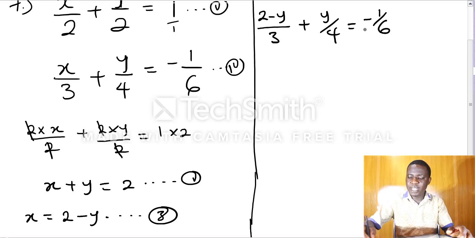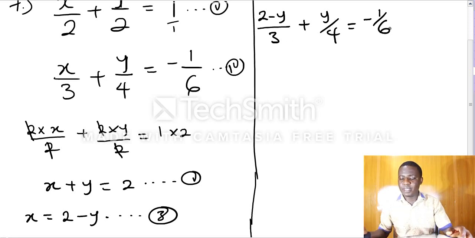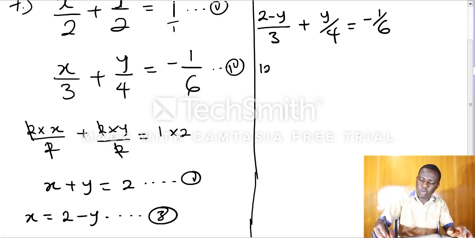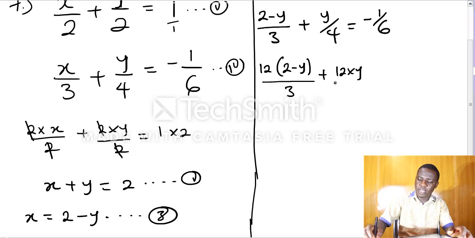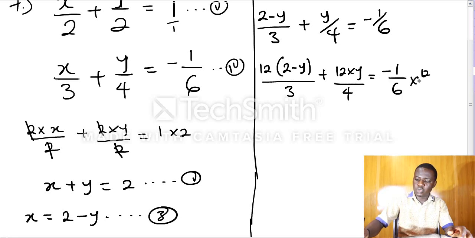So I'm going to multiply every term by the LCM of 3, 4 and 6. And the LCM of 3, 4 and 6 is 12. This becomes 12 times (2 minus y) divided by 3 plus 12 times y divided by 4 is equal to minus 1 over 6 times 12.